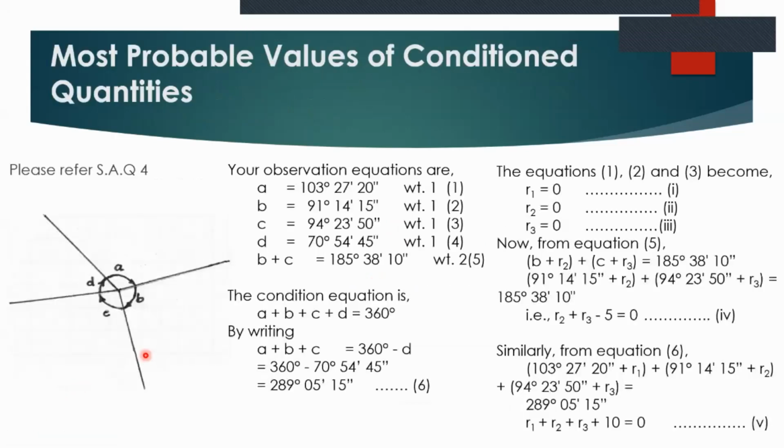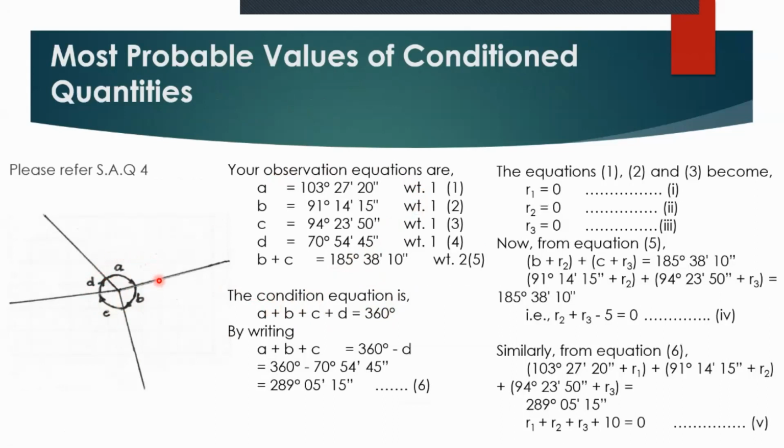Now, in this case, let's say you are measuring angles around a point: A, B, C, D. Likewise, you can measure these angles. You can get the measured value. You can also get a conditional equation here, right?